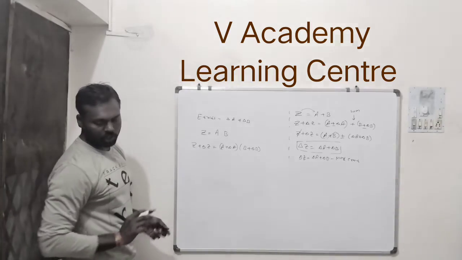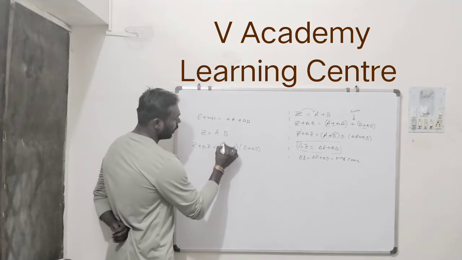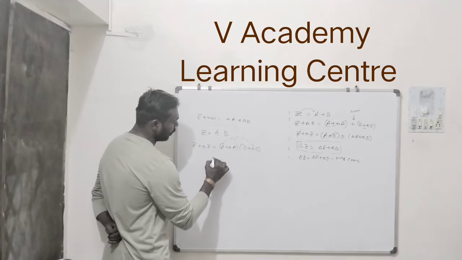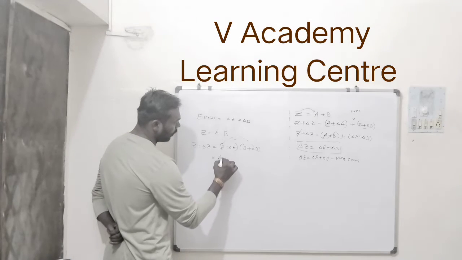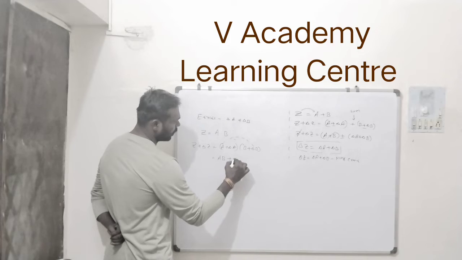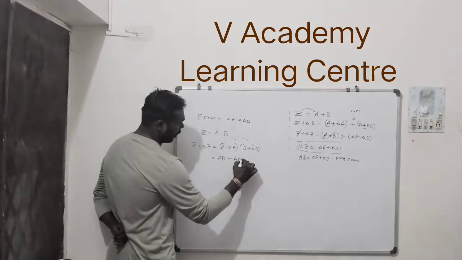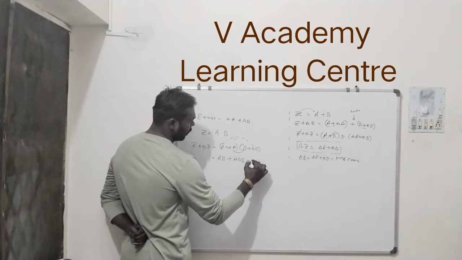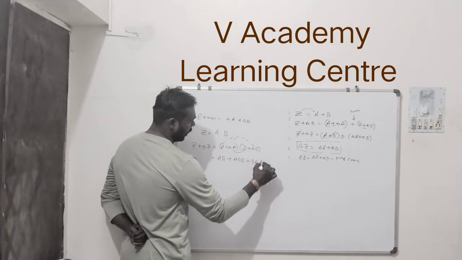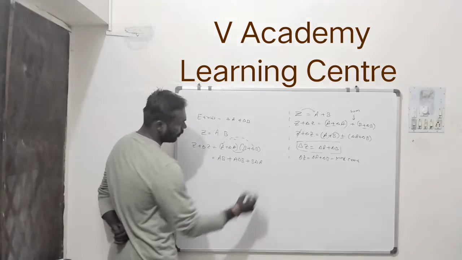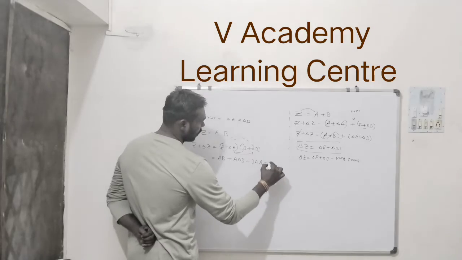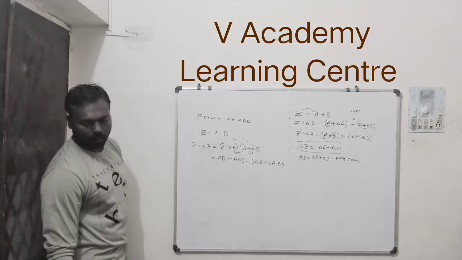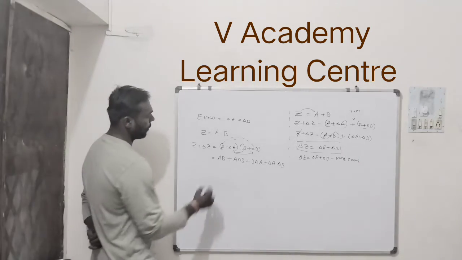Now we have to do multiplication: A with the first term, then A with the second term. So AB plus A delta B plus B delta A plus delta A into delta B. Perfect. Any corrections? Nothing. So next.